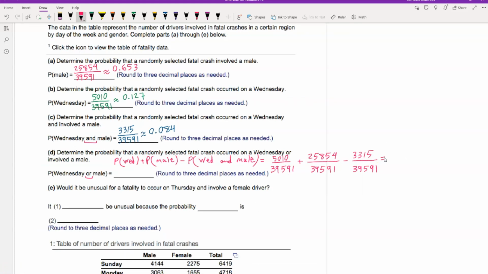So here we have adding, subtracting what we have on top in the numerator. We have 27,549 divided by what we have in the denominator. Now rounding your final answer to 3 decimal places, it's 0.696. So that's the answer for this part.